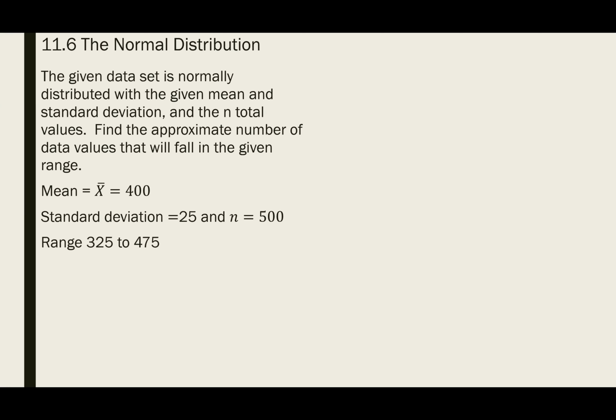Okay, so basically you ask yourself, well, from 400, which is the middle, how did I get to 325, or how did I get to 475? How much different is that?